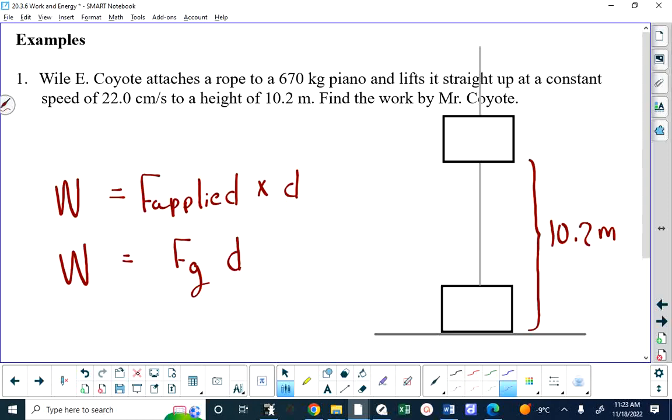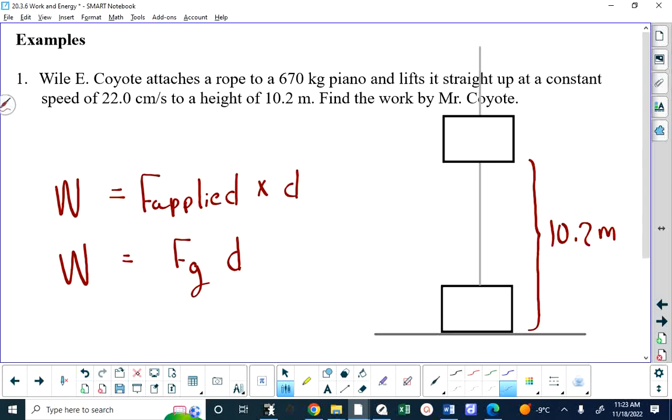Right, it's moving at a constant speed. We're not going to actually use that 22 centimeters per second in any of our calculations. So, Alex, yes, you are right. In order to get it moving, you have to exceed gravity to begin with. But we're talking about during that change in position, which is displacement, we're talking about a constant velocity.